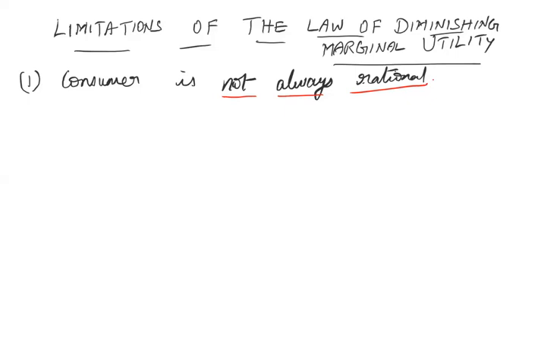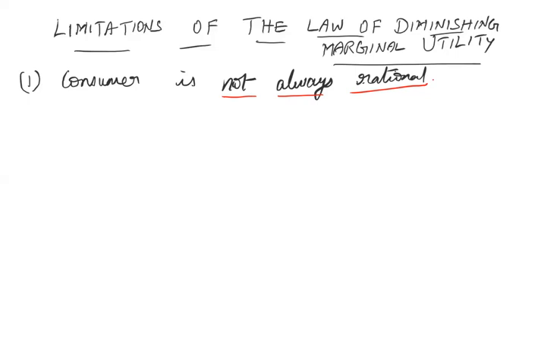Maybe he wants the commodity really or genuinely, or he might not be wanting the commodity, but he might be so influenced by advertisements. So he might be induced by that particular commodity, or sometimes he might be swayed away by emotions. So every time we cannot expect the consumer to be acting rationally.